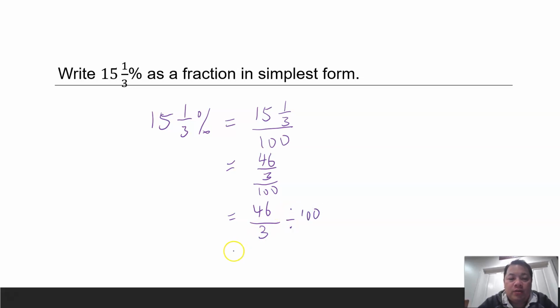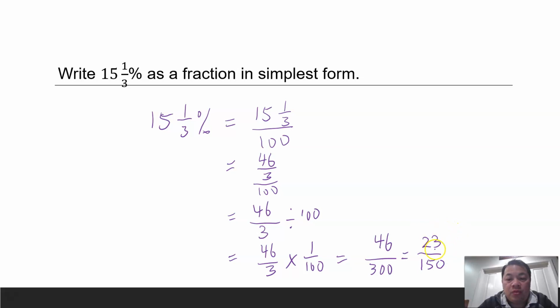Which is actually the same as 46 over 3 times 1 over 100. Do you remember this concept? So this is actually simply 46 over 300. And from here, you reduce to simplest form, which is 23 out of 150. And this is the simplest form because we know that 23 is a prime number.